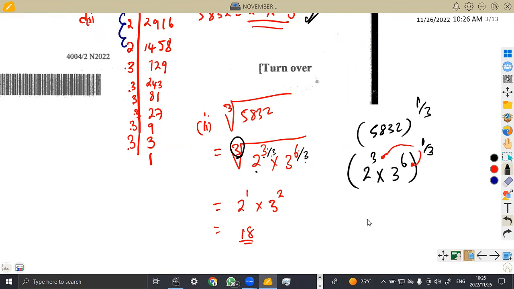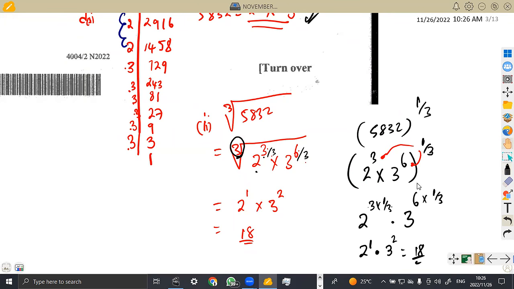So it is going to be 2 to the exponent of 3 times a third, times 3 to the exponent of 6 times 1 over 3, which is the same as what we got here, because 3 times a third is 1. So it's going to be 2 to the power of 1 times 3 to the power of 6 times a third, that is 2. So we're going to have the same answer, which is 18.